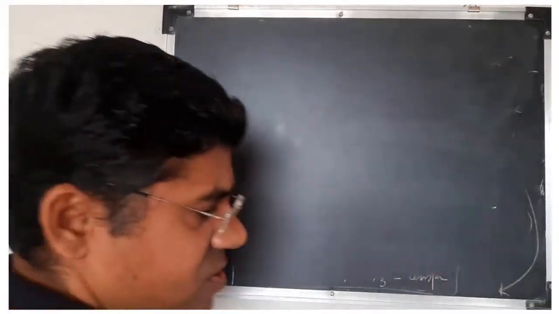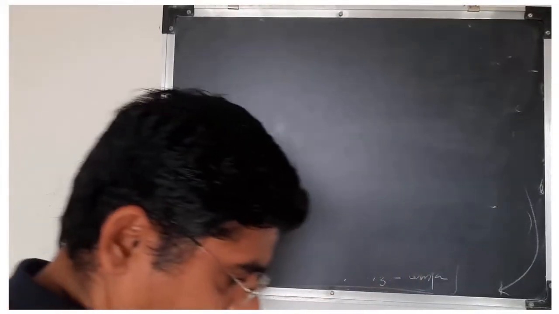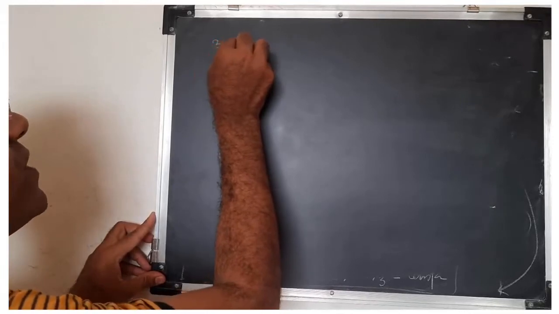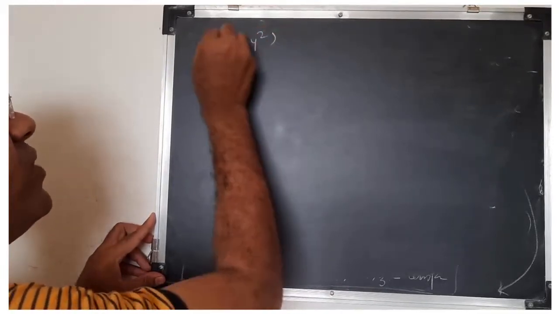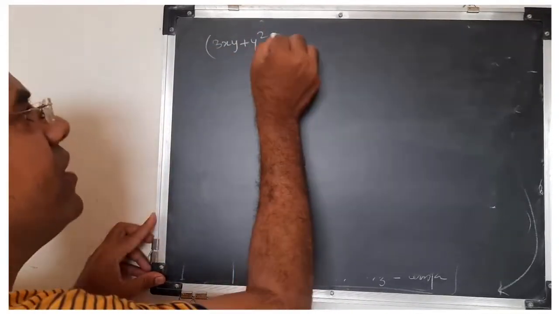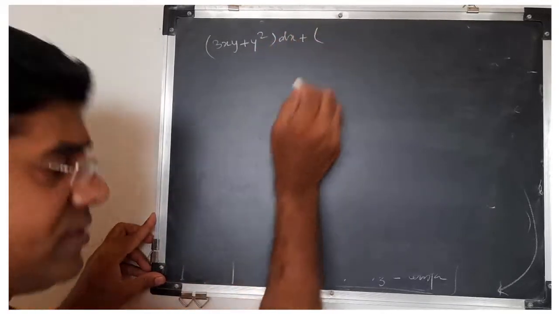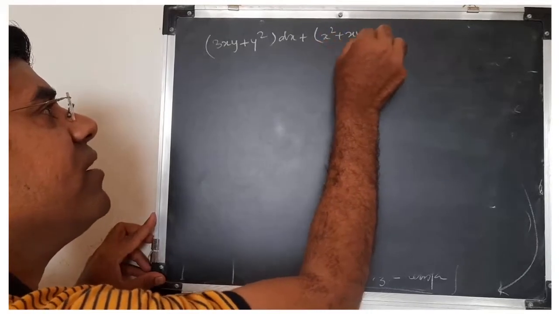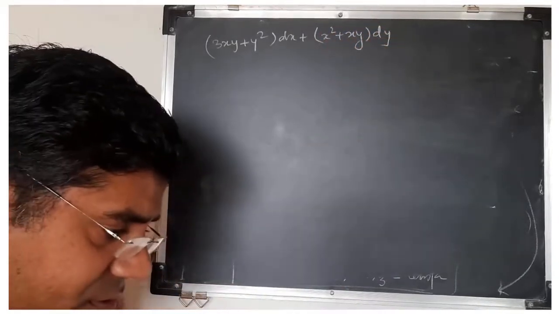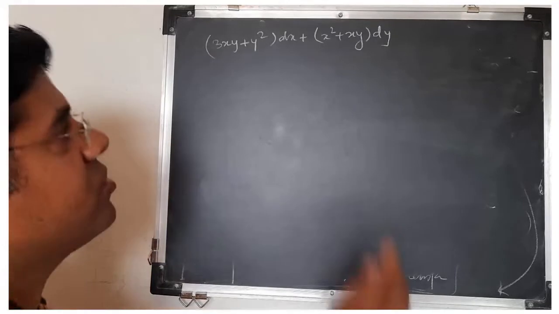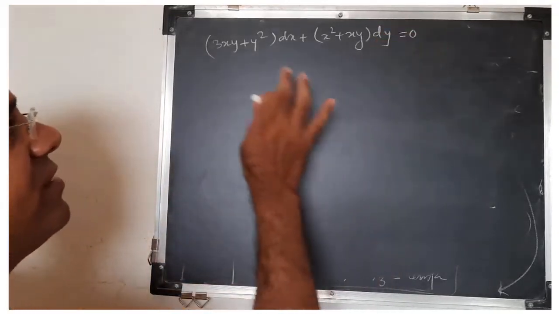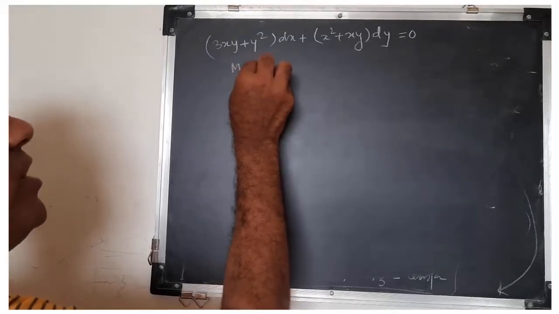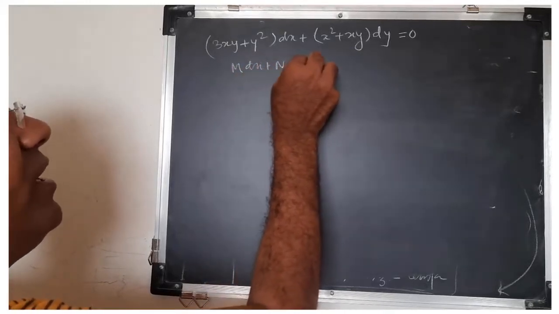Okay, so in that case the problem is, suppose, (3xy plus y square) dx plus (x square plus xy) dy. So check the condition first. This is M dx plus N dy.